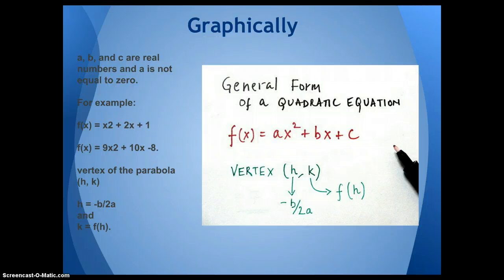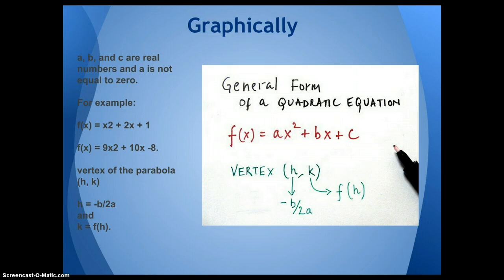And then we have graphically. In general form, a quadratic equation looks like f(x) equals ax squared plus bx plus c, where a, b, and c are real numbers and a is not equal to 0. For example, f(x) equals x squared plus 2x plus 1, or f(x) equals 9x squared plus 10x minus 8.